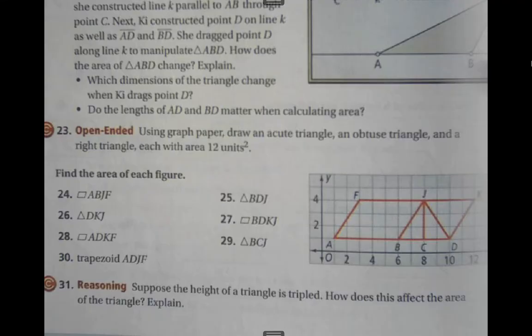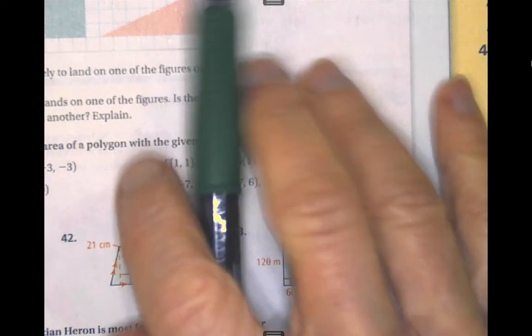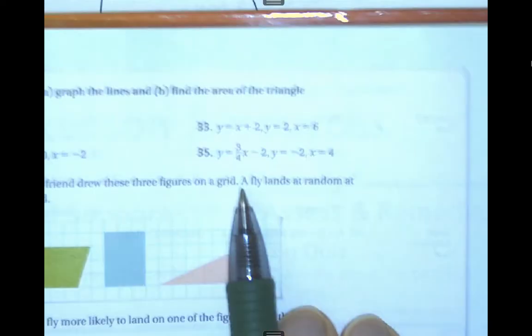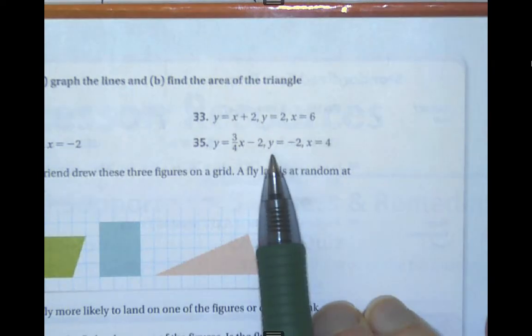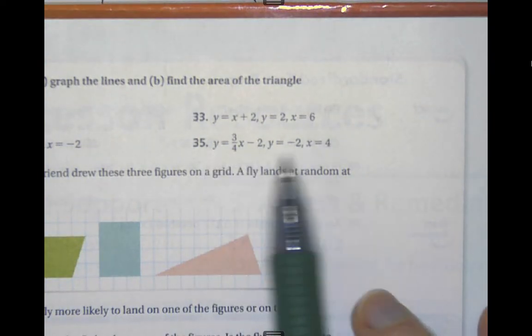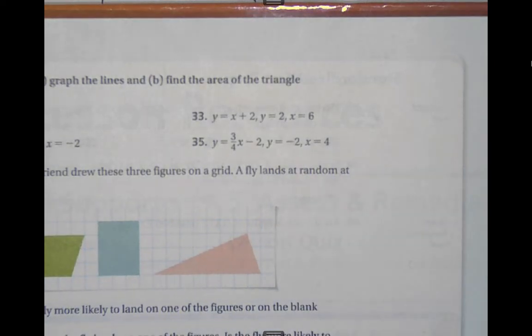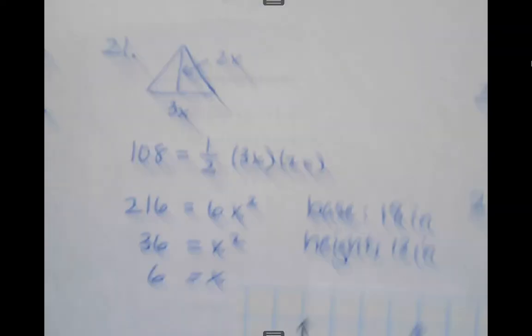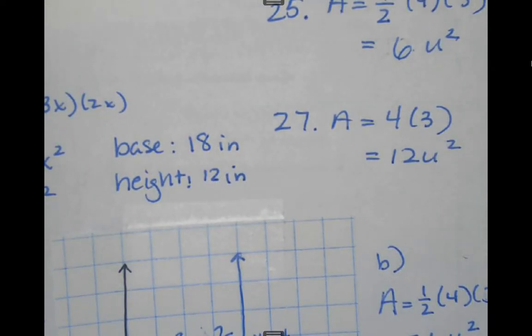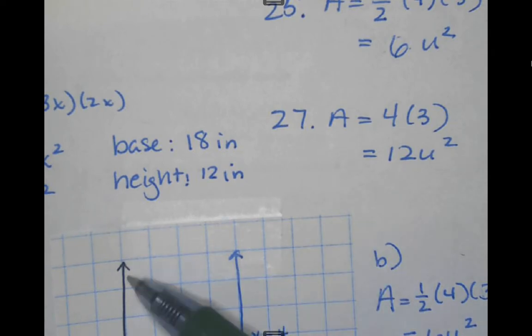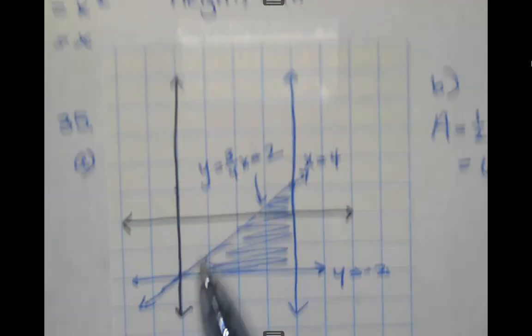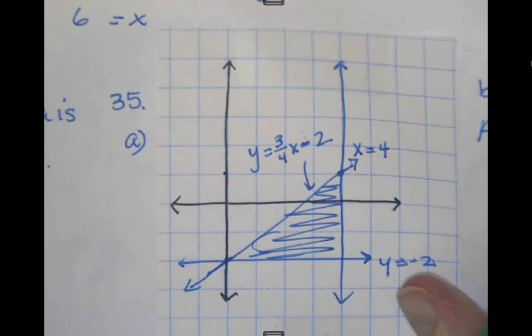All right, then let's look at 35. With number 35, it asks you to graph the lines. This one is a regular line, so you have an intercept of -2 and the slope is 3/4. This one you have y equals 2, and you have x equals 4. So when I plot those things, this is my x, y ordered pair, my coordinate plane right there.